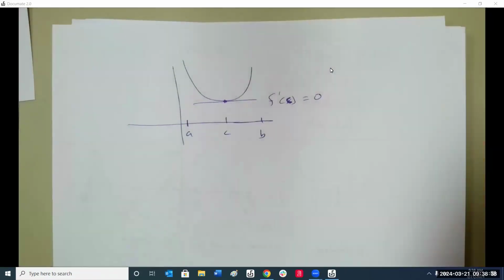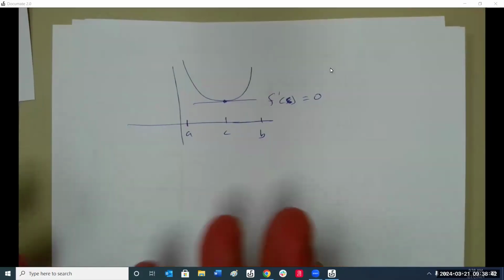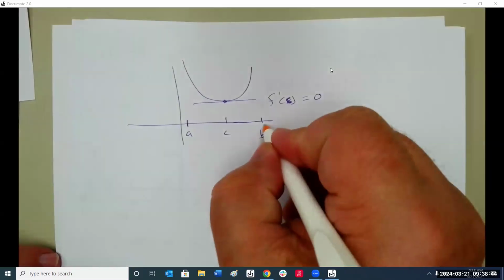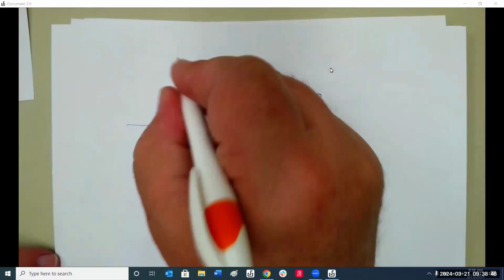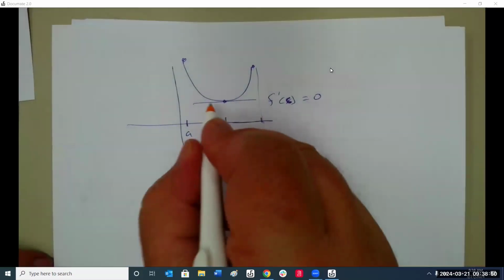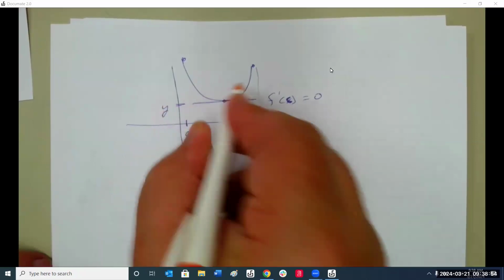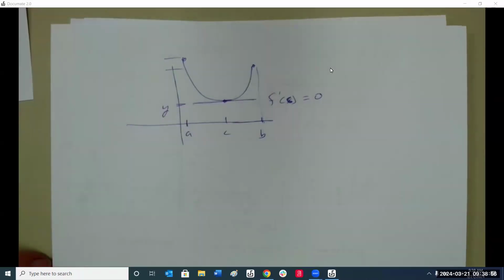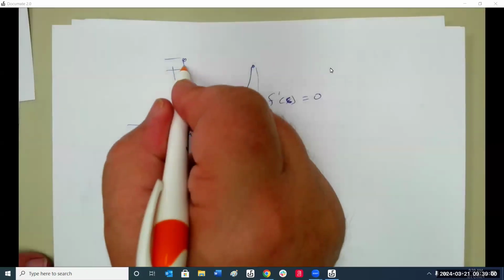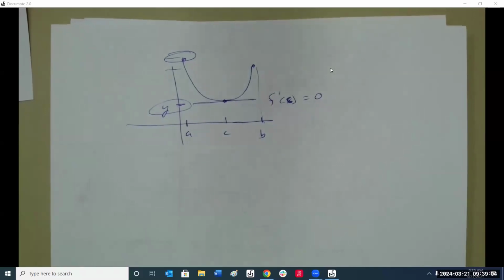Now, how do we know if that's a local maximum or minimum? On a graph, it's easy. But if we didn't have a graph, we'd also have to look at the endpoints. If this y value is lower than those two, it's a minimum. In this one, this is our maxima, this is our minima, highest and lowest.